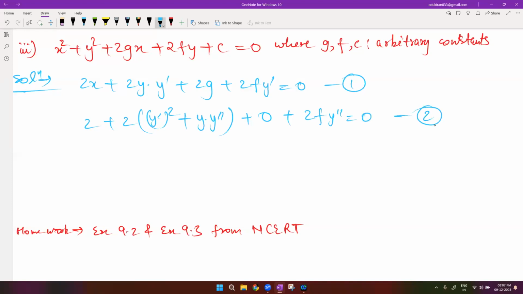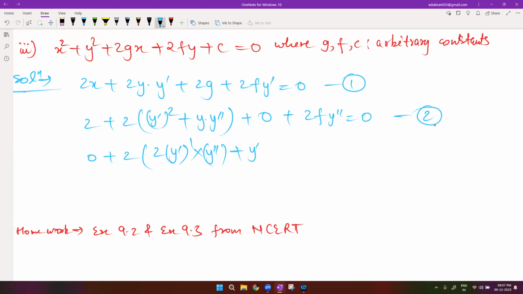But as there are three arbitrary constants, we will have to differentiate again. Differentiation of 2 is 0, plus 2 is as it is. Now differentiation of the first power: 2 y dash to the power 1, then y dash, so it will be y double dash. Then we go to the second term, which will be done by product rule.